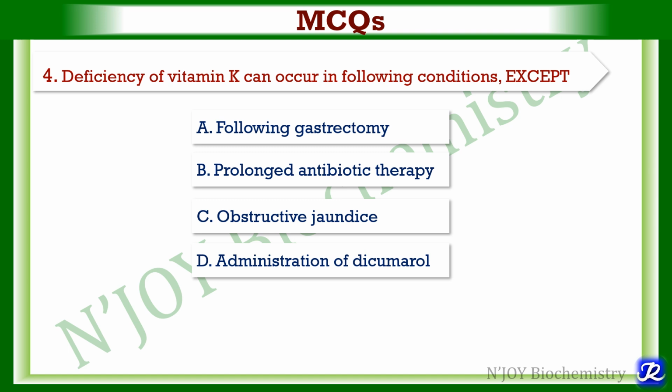It can occur in obstructive jaundice, and dicumarol is the antagonist. So administration of dicumarol also leads to vitamin K deficiency, but it does not occur because of gastrectomy. So the answer is A, that is it does not occur after gastrectomy.